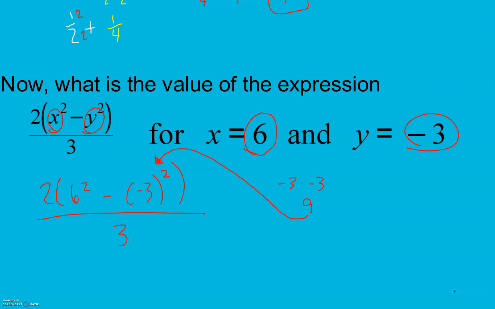So when we do our exponents, parentheses first, inside there we have exponents. So 6 squared, 6 times 6 gives me 36. Minus, and again, this whole thing right here is 9. Still in our parentheses.